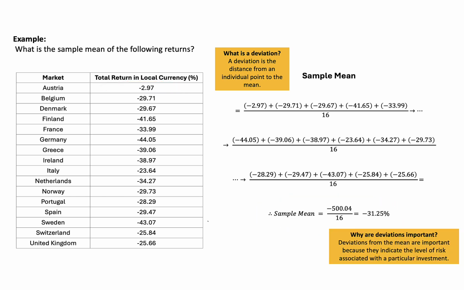Now, why are deviations important? Deviations are especially important in financial analysis because they indicate the level of risk associated with a particular investment. And so typically, the lower the deviation, the less risky an investment is considered.